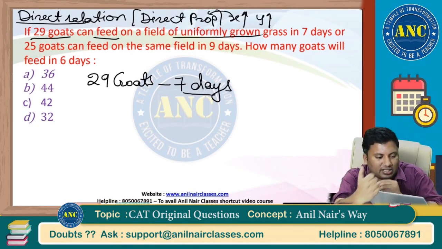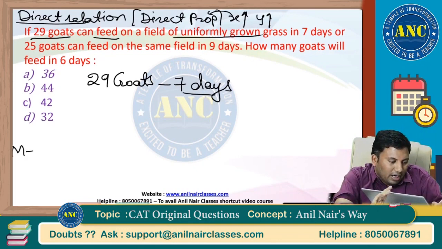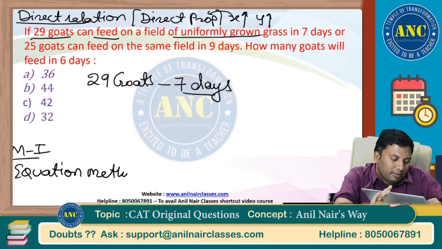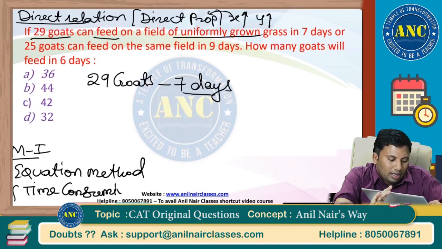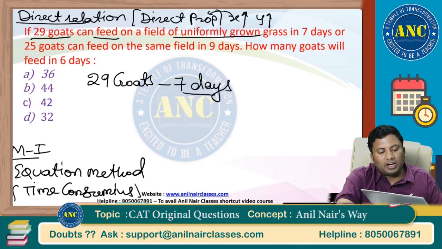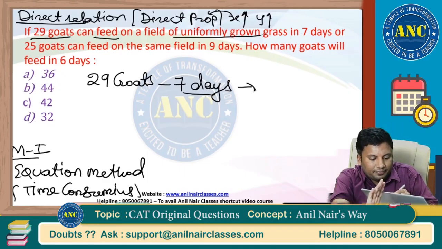Uniformly grown grass. Method 1 is the equation method, which is a very time consuming method. What we will do is: 29 goats can feed on the grass in 7 days.